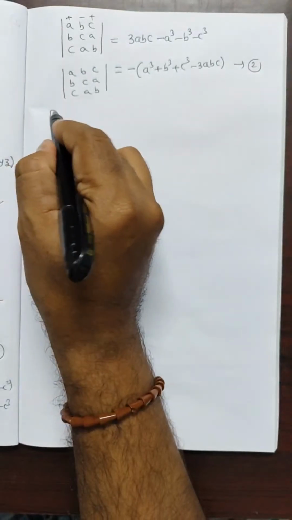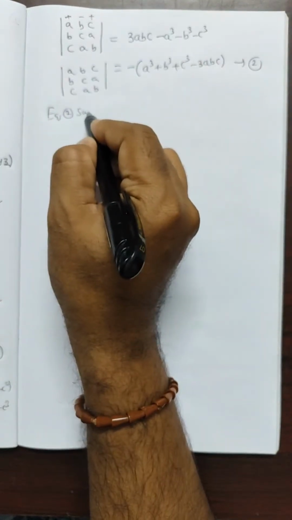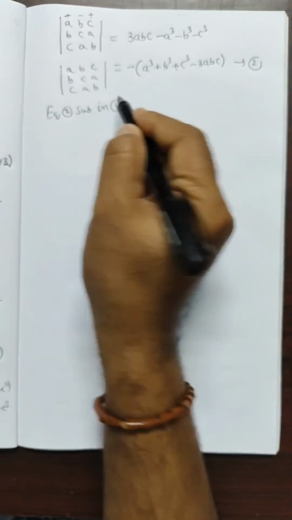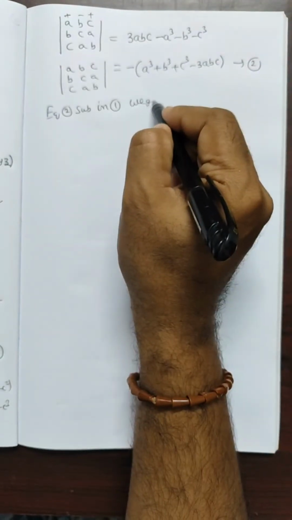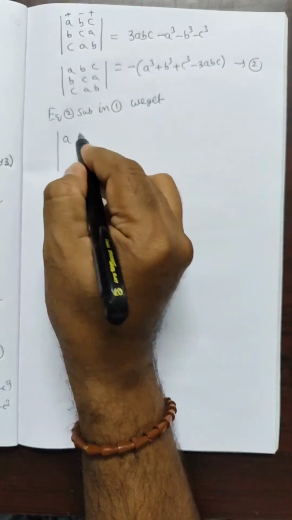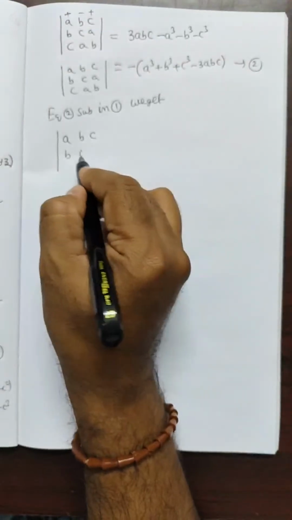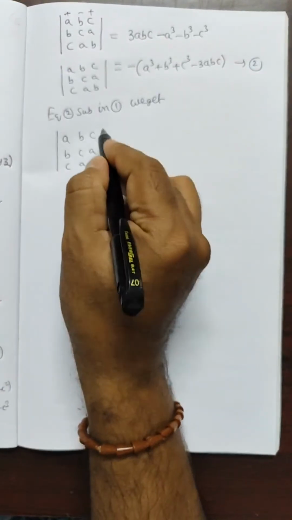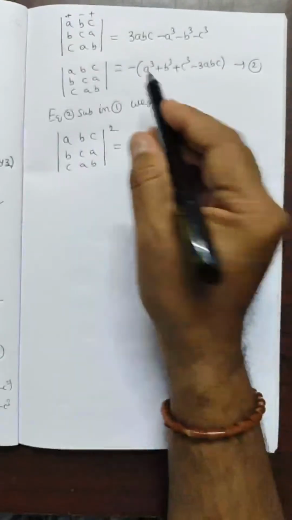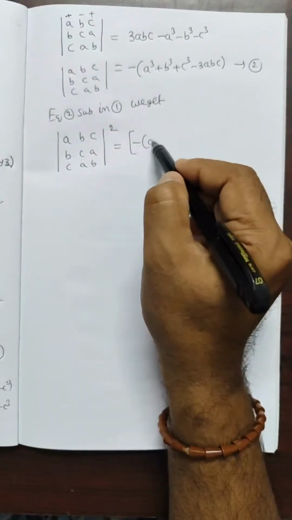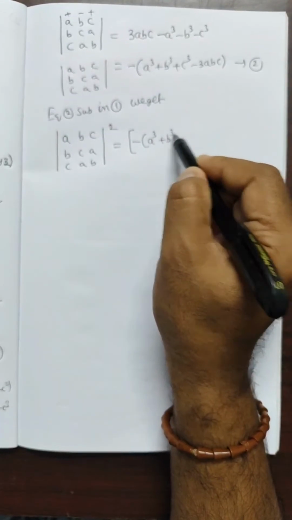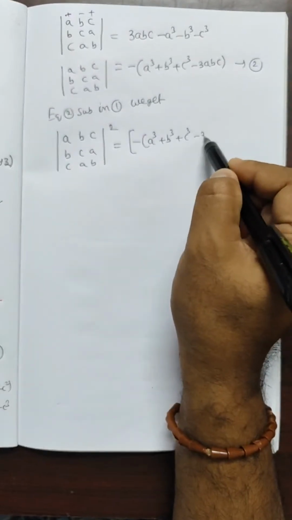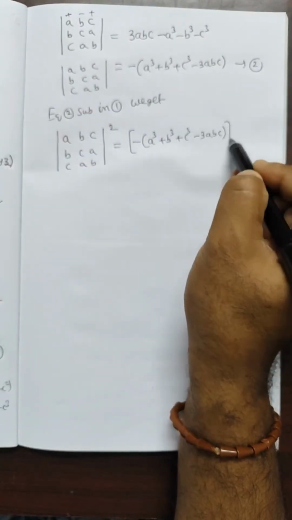Equation 2 substitute in equation 1. We get, so determinant of ABC, BCA, CAB whole square equal to minus (A cube plus B cube plus C cube minus 3ABC) whole square.